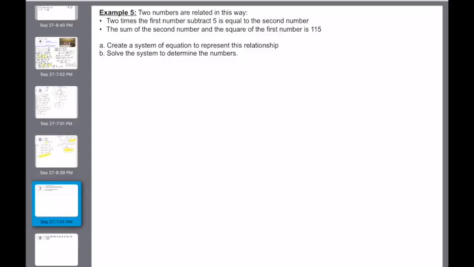Alright, so we could have done this numerous ways. I chose to let x equal our first number and let y equal our second number. These don't have to be anything fancy, just so we know what is what. Then we have 2 times the first number, subtract 5, is equal to the second number.